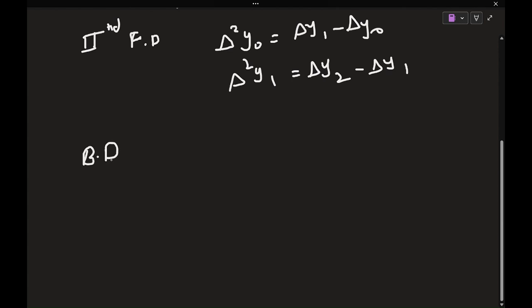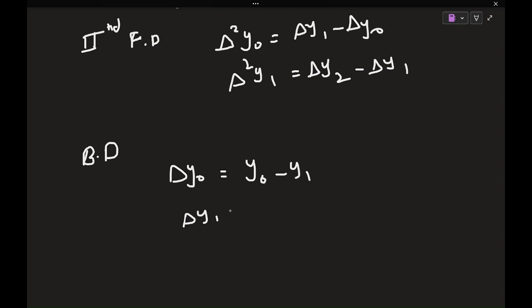Backward difference is basically del y naught. It's just the reverse form. Its backward difference is y naught minus y1. Del of y1 is y1 minus y2. This is the first, obviously.